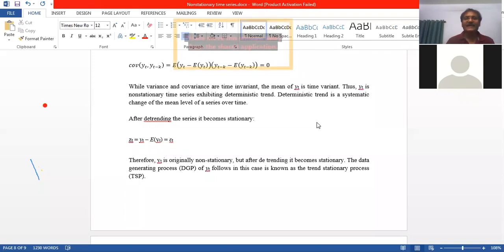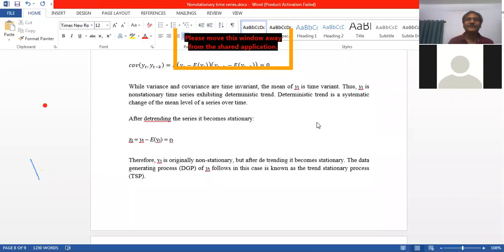The series following the random walk model exhibits stochastic trend, and it can be converted into a stationary series by taking difference. That is why it is called DSP. So a non-stationary series with unit root is called a difference stationary process, because it could be stationary after taking difference.